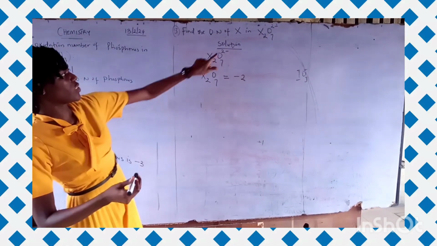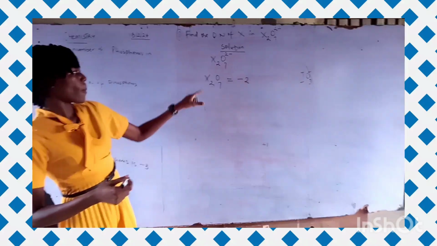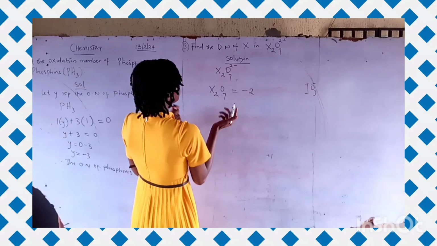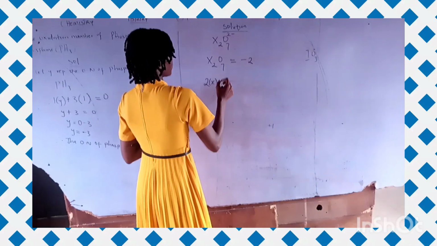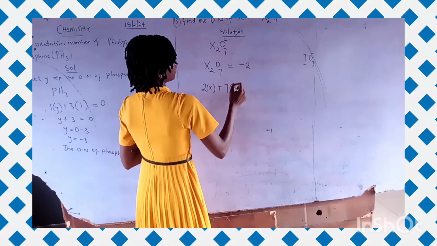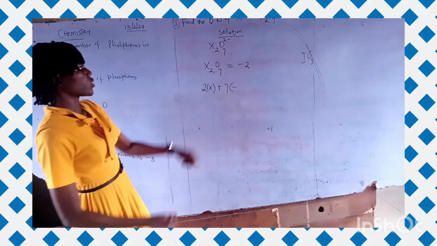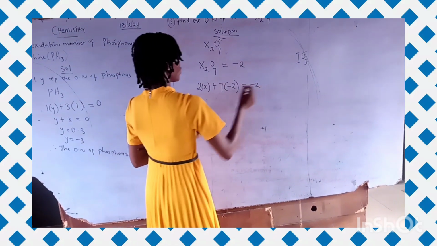You see it now. This charge here is going to be equal to the whole compound. We don't know x, so we say 2 into x plus 7 into minus 2, that's the oxidation number of oxygen, is equal to minus 2.